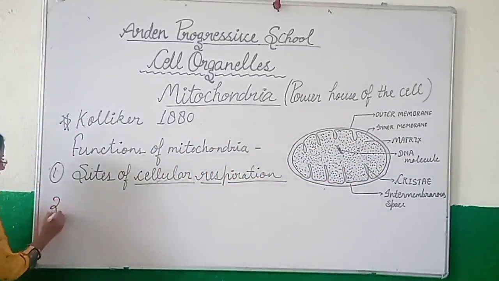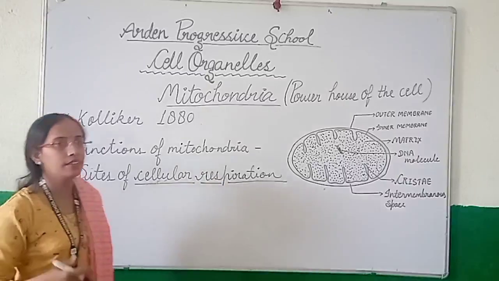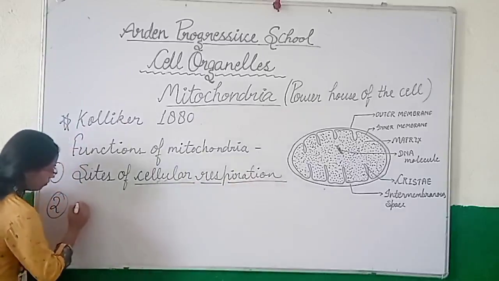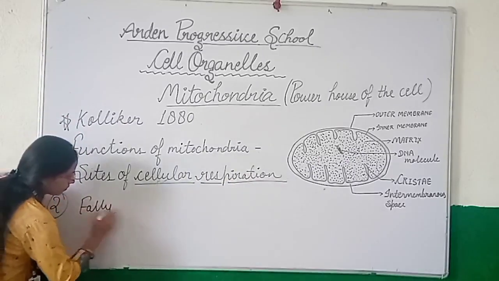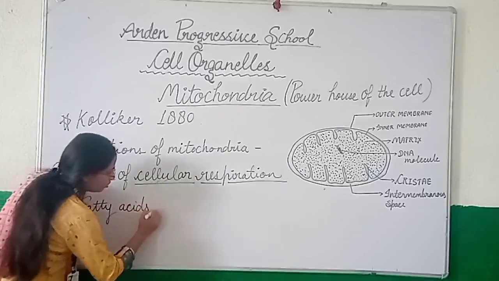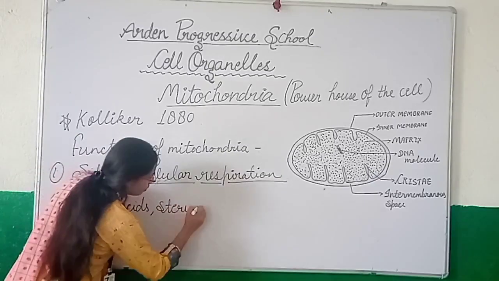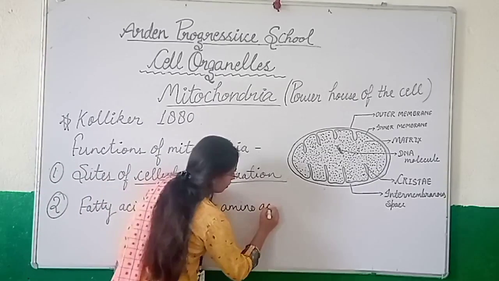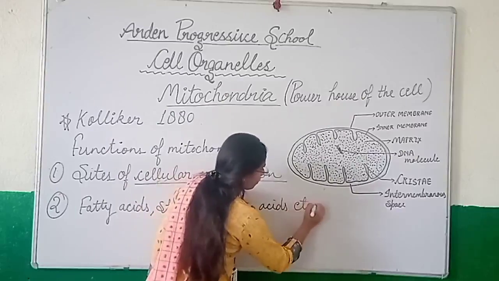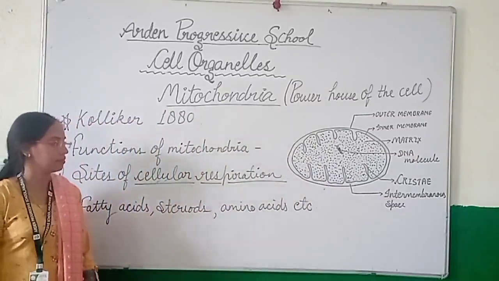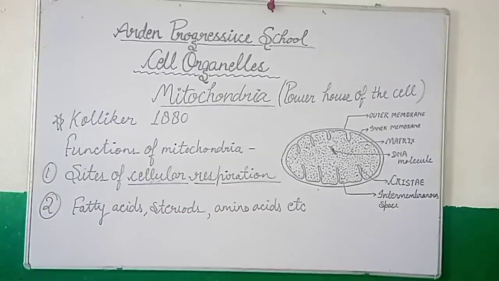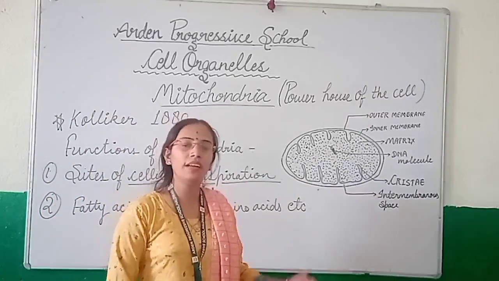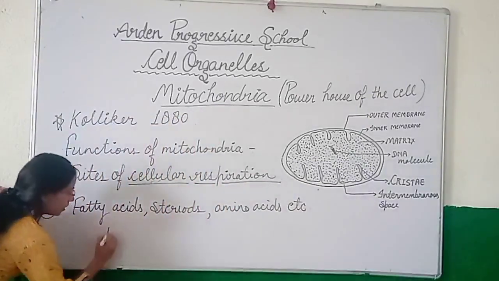Another is, mitochondria provides intermediates for the synthesis of various chemicals like fatty acids, steroids, amino acids, etc. Mitochondria release energy required by the cell in the form of ATP.